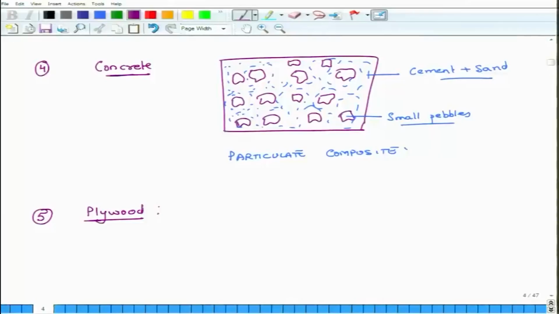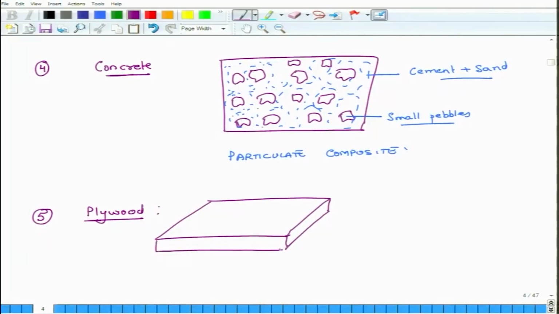So, when you look at a piece of plywood, suppose this is the plywood, it can have several layers. Let us, at least in our case, consider that this particular plywood which I am drawing has only 2 layers, but typical plywoods have several layers, 7, 8 layers, depending on the thickness of the plywood. But for purposes of our class and making a quick drawing, it has only 2 layers.